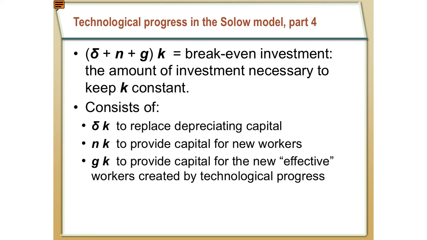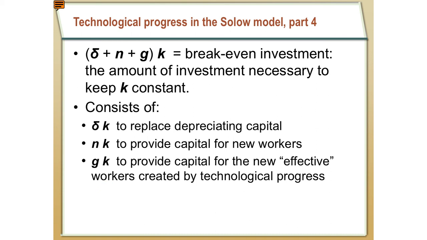What this consists of, we break it down into these different terms. If we were to distribute this k, we'd have k times delta, k times n, k times g. So we need delta k to replace the worn out capital, n times k to provide for the new actual workers, and we need g times k to provide for the new effective workers that are created by technological progress. So these are not actual workers.